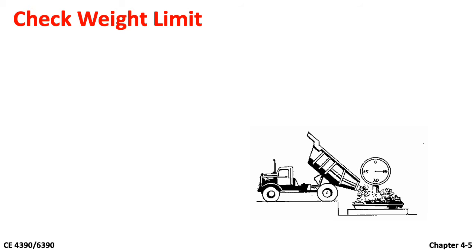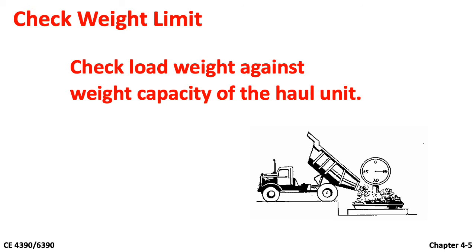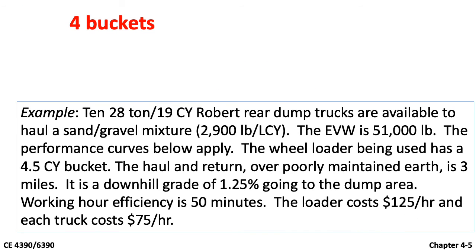Next, we need to check the weight limit. We need to check the load weight against the weight capacity of the whole unit. With 4 buckets, the truck volume is going to be 17.1 loose cubic yards.